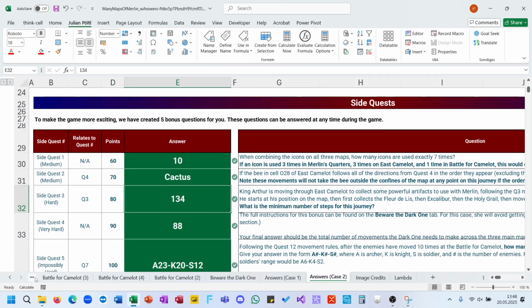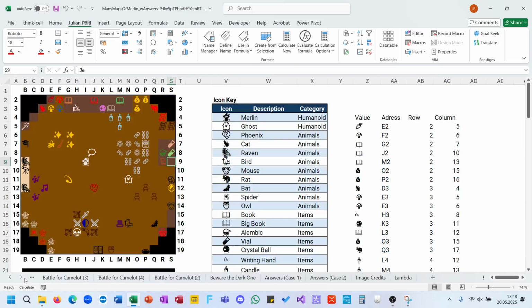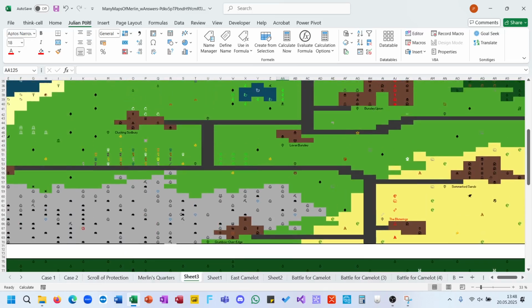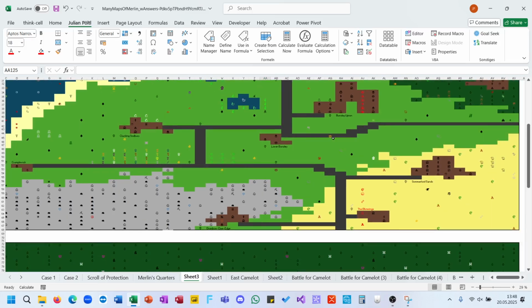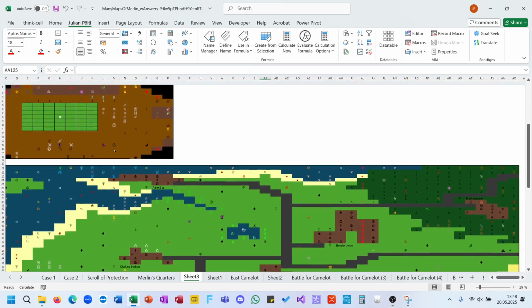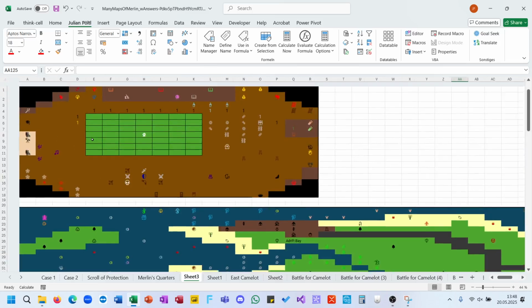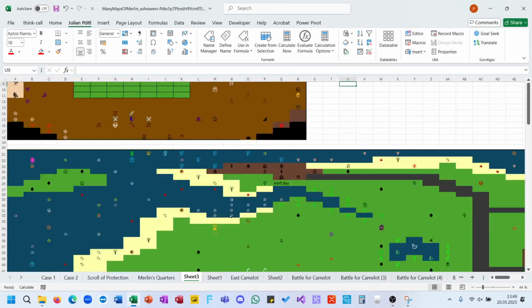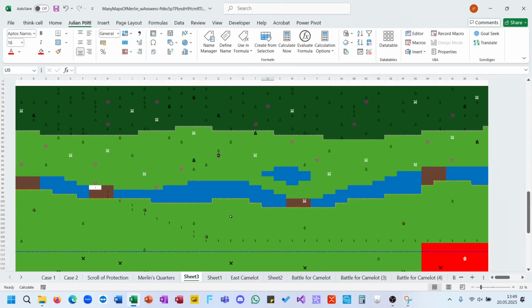Oh, no. I don't think so. Okay. I'm quite sure that this is right. Here. This needs to be right. 15. Okay, then let's check this map here.